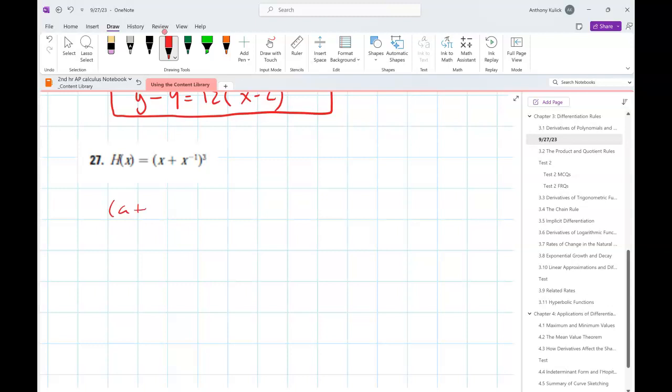So you may remember our perfect cubes multiplication pattern is this.